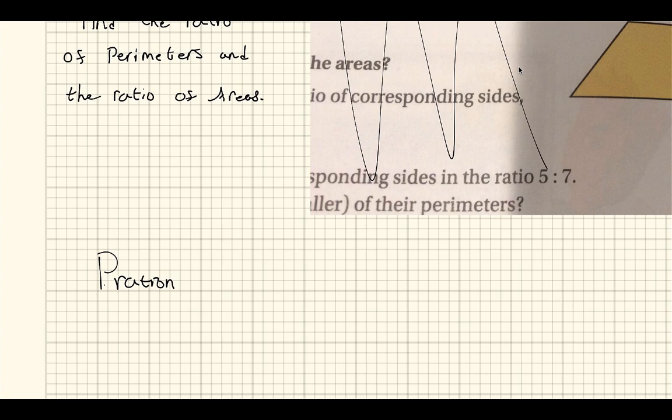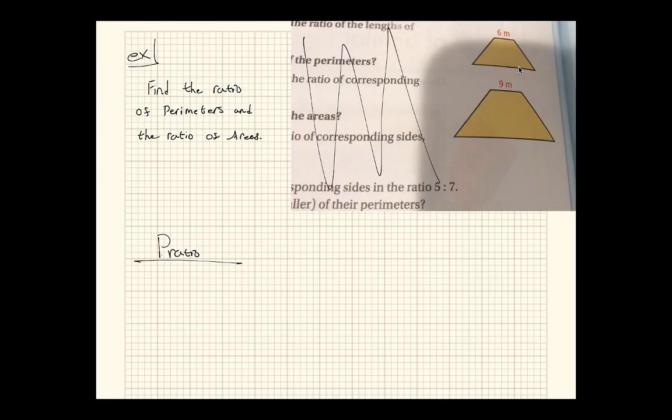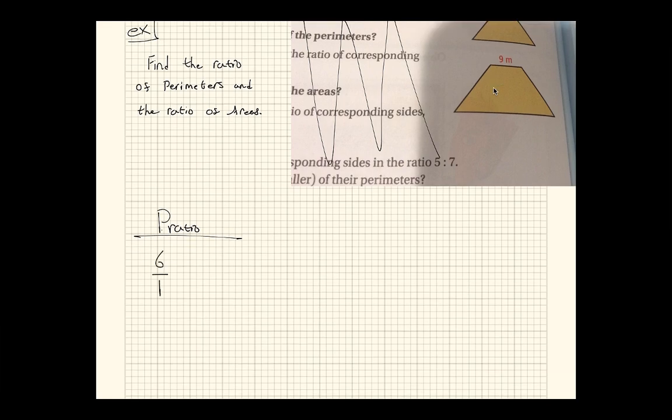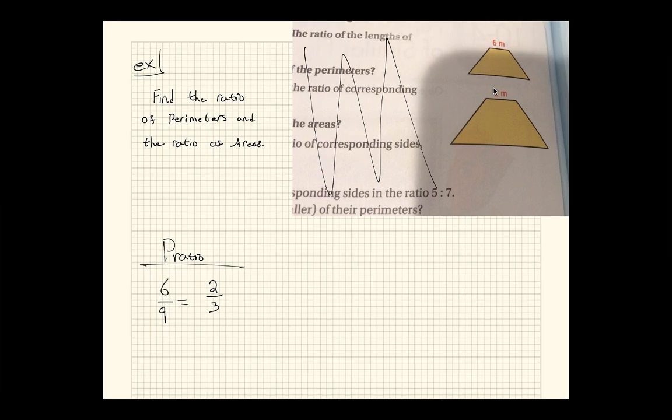Remember, if we're comparing them, it's 6 to 9. Let's reduce that. 6 to 9 reduces to 2 to 3. That's the ratio of the perimeters.